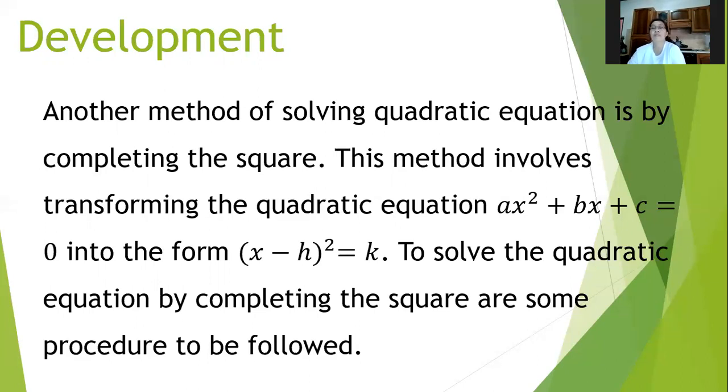Again, we have to transform ax squared plus bx plus c is equal to 0 into the form of quantity x minus h squared is equal to k. Take note, class.